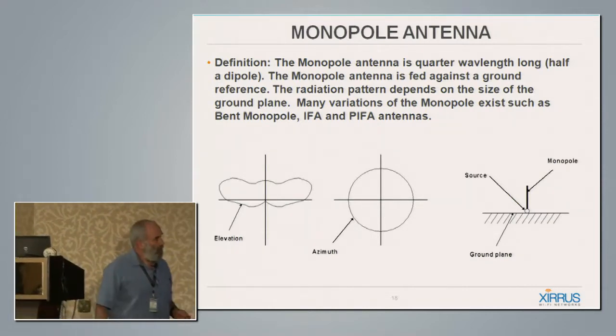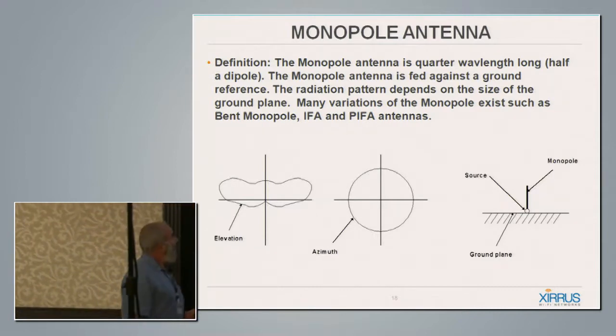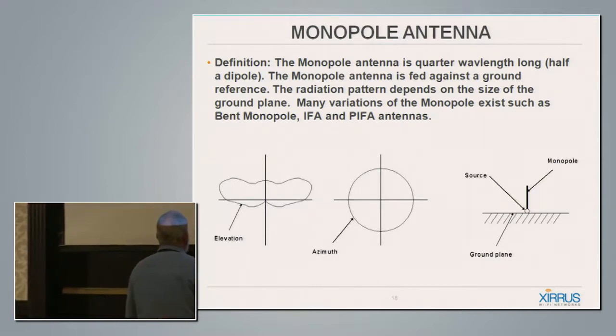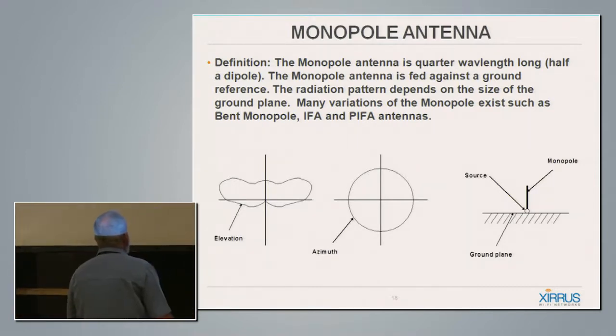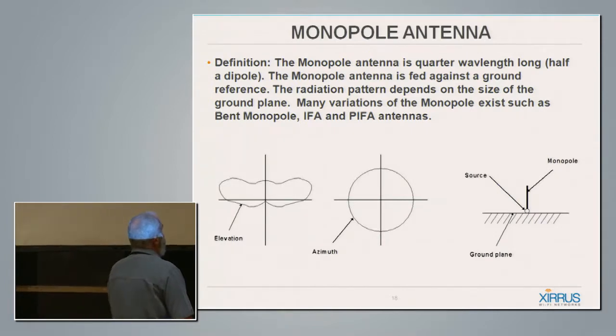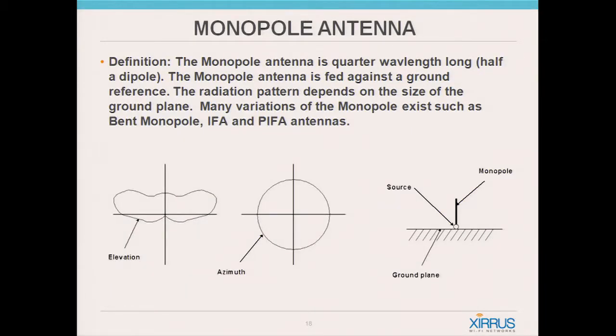When we talk about an antenna on a small ground plane, like in mobile units, where we have a very small antenna, the beam width is actually broader, the coverage is more broad in elevation.